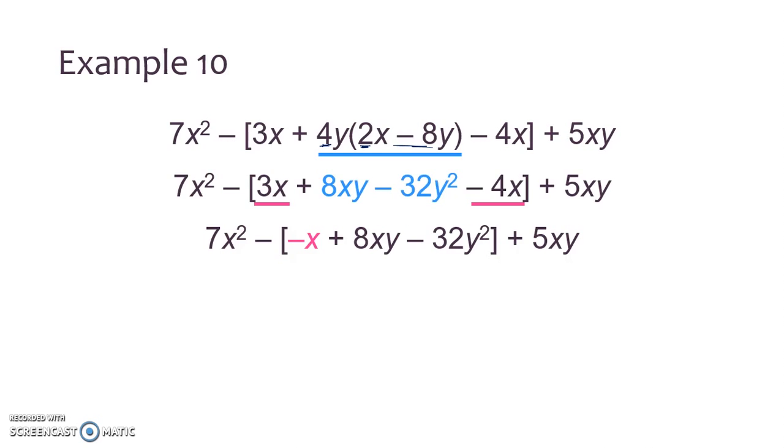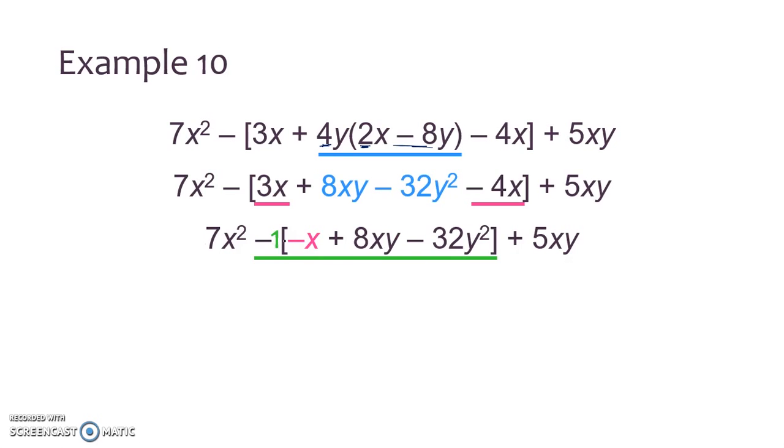And then we're going to have to get rid of that set of brackets, and we're going to do that by distributing our imaginary negative 1 that we had going on in front of there. So we're going to have a negative 1 times a negative x, a negative 1 times 8xy, and a negative 1 times negative 32y squared.